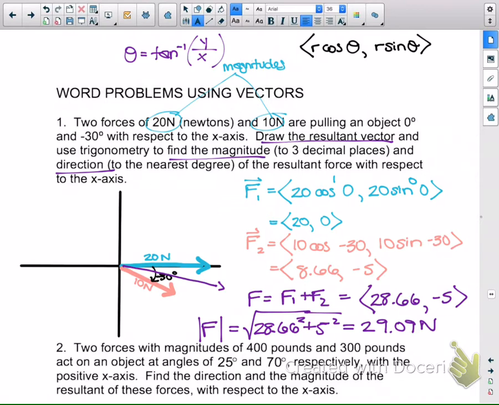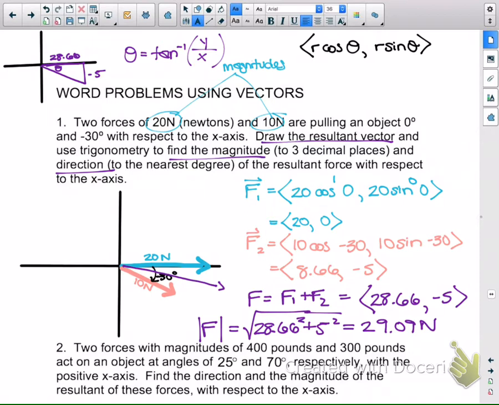However, some of you will understand it better if you see a picture of why that is. If you think on the coordinate plane, our resultant vector was 28.66 to the right and down 5. If I draw that, that creates for me a triangle with an angle right here. What sides from that angle do I have?